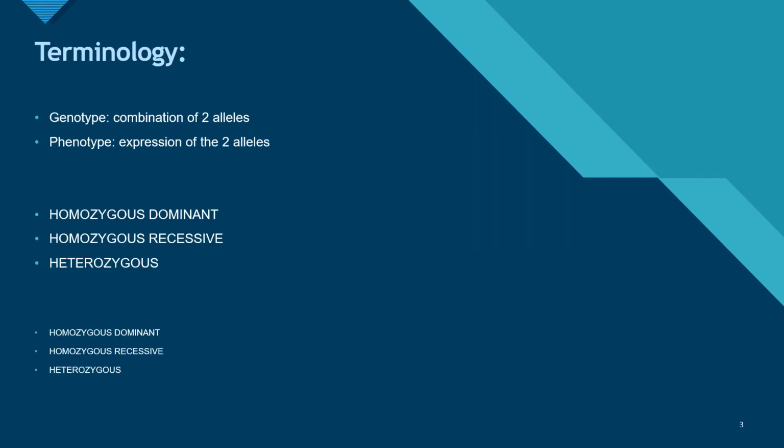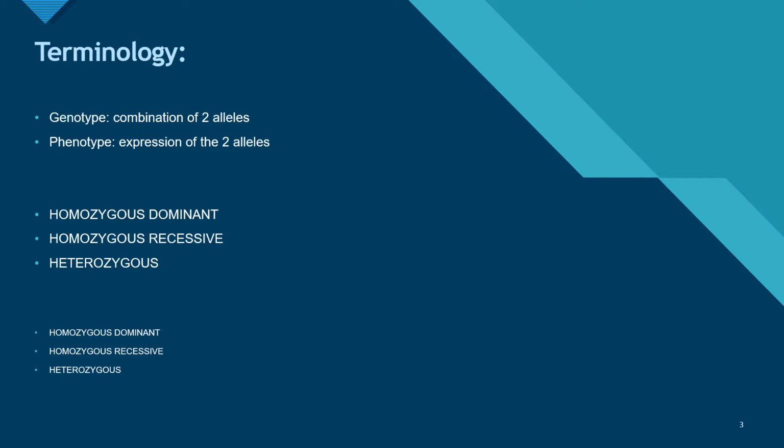Before we start, we should probably learn a bit of the terminology for Punnett squares. Like we said before, the genotype is a combination of two alleles, and the phenotype is how we actually express those alleles. I've written out these two words two times so I can give you an idea of what they actually mean.